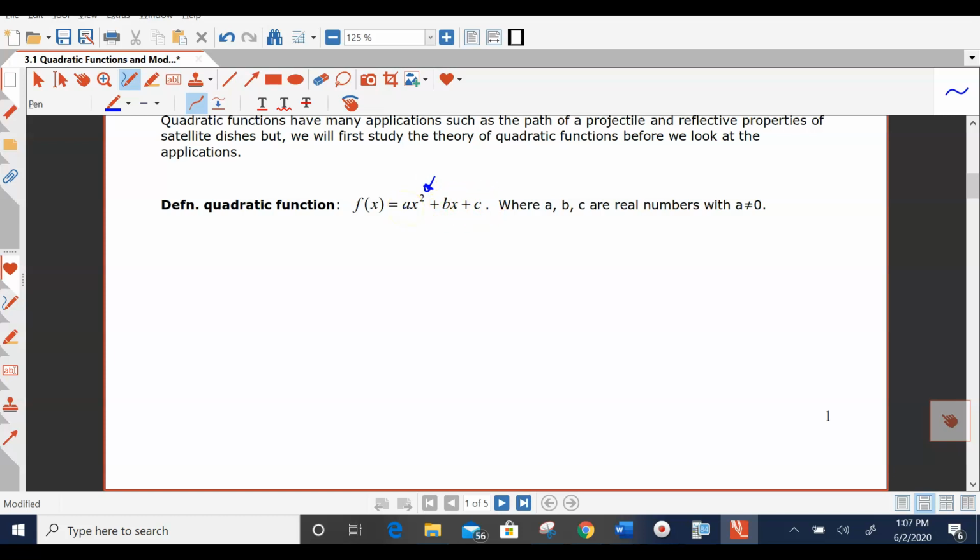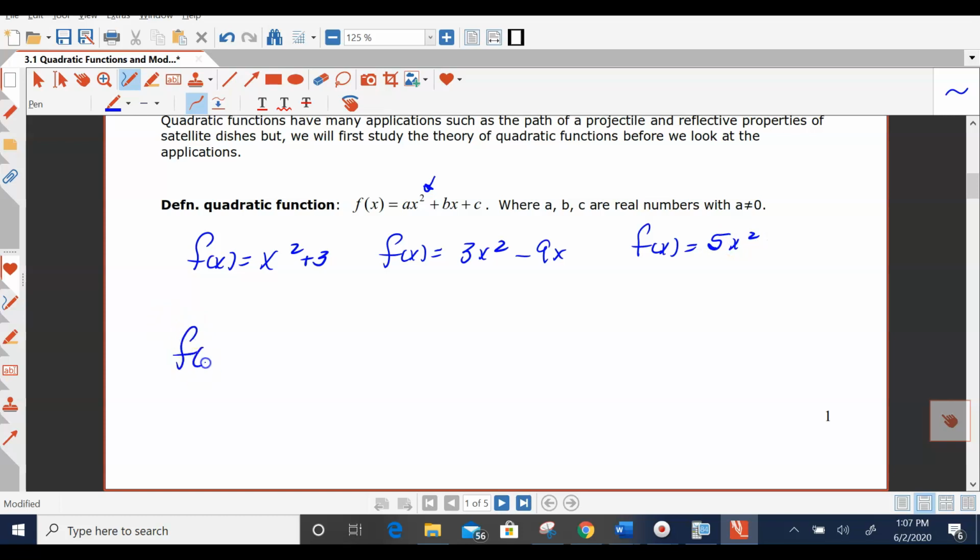So here are just some quick examples of what a quadratic function might look like. We might have x squared plus 3. We might have, let's say, 3x squared minus 9x. We might just have 5x squared.